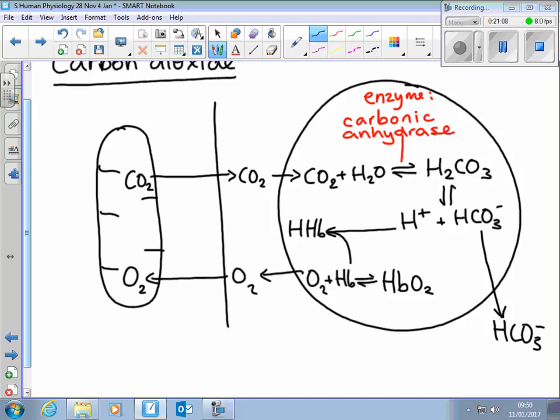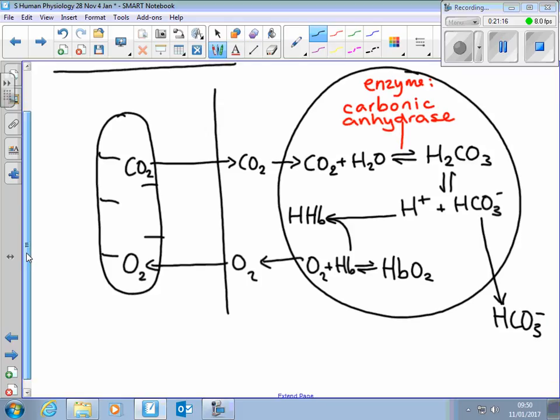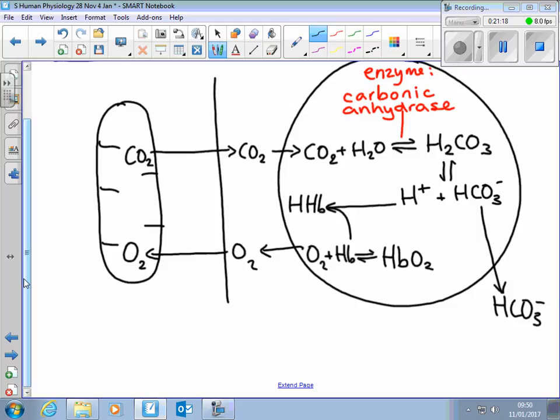So the diffusion out of these hydrogen carbonate ions is actually balanced by another negative ion diffusing in. And you'll see it in the middle between those two red blood cells. The hydrogen carbonate ions are replaced by, can you see them? Chloride, that's right.